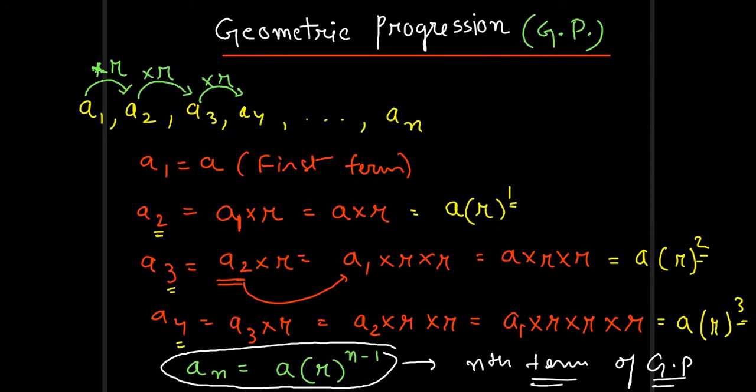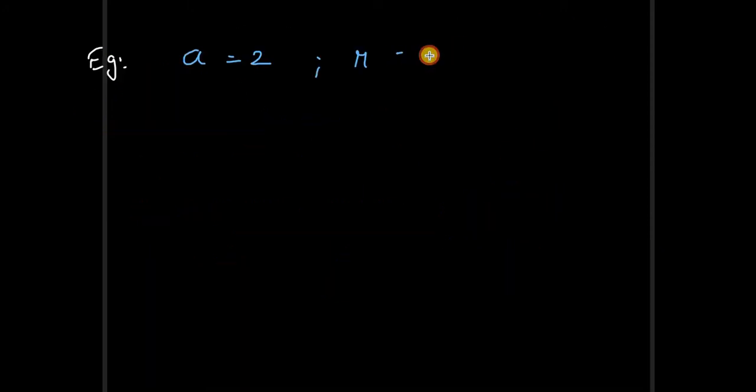As we know, in AP d is taken, and that is the common difference. Here we have r, which is the common ratio, because we have multiplied by it, so it is named the common ratio. r is equal to the common ratio.